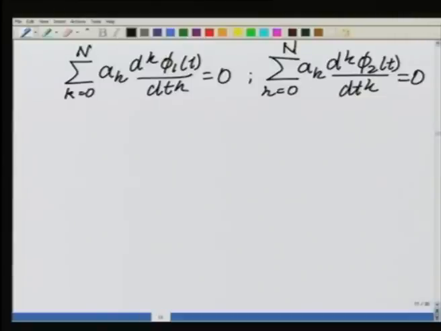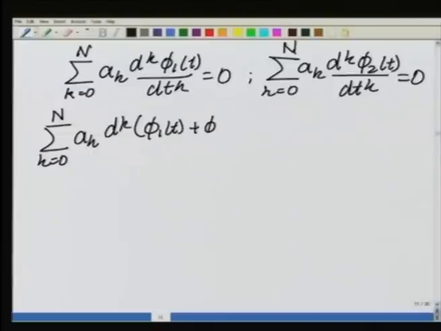Very obviously it is, because what we have on hand is the summation k equals 0 to n of a k d k of phi 1 t plus phi 2 t by dt to the k. This is what we want to examine. Is this a solution? We suspect it is, and we want to prove this.